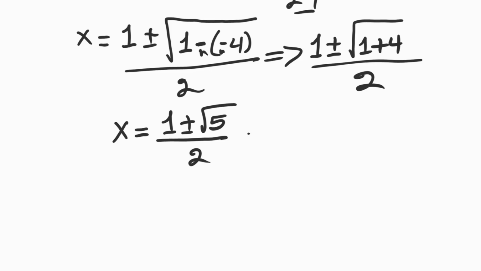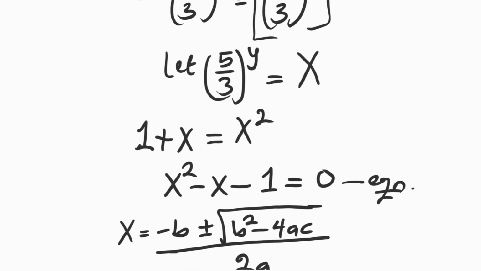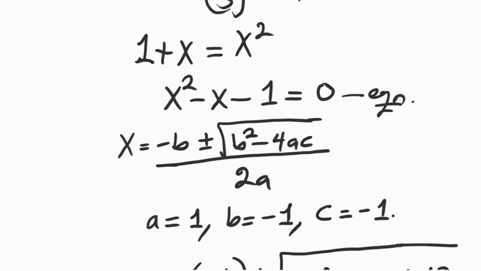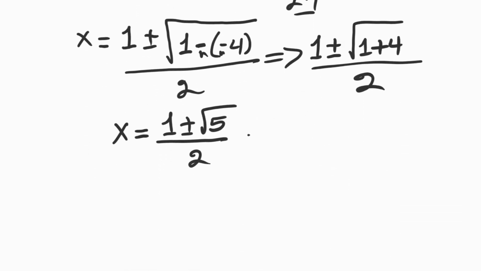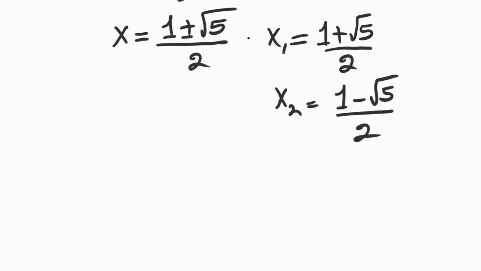Now, if we recall that our x is 5 over 3 raised to power y. Now let's break this down further. Our x1 then is equal to 1 plus root 5 divided by 2, and x2 is equal to 1 minus root 5 divided by 2.